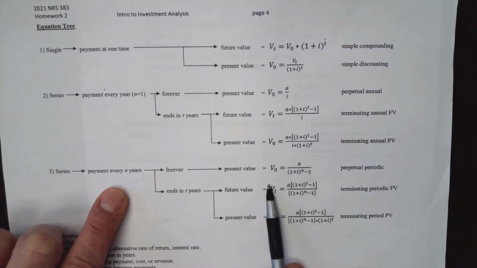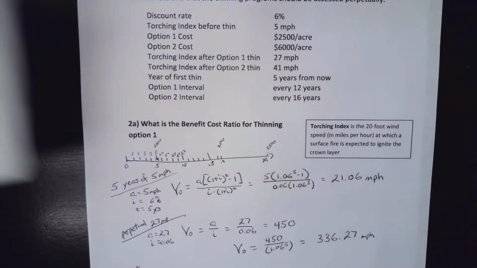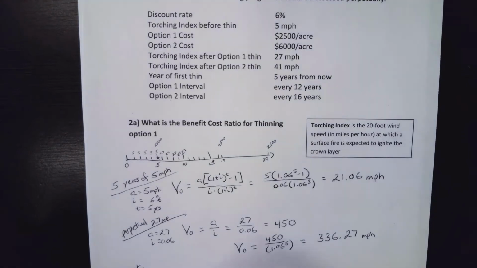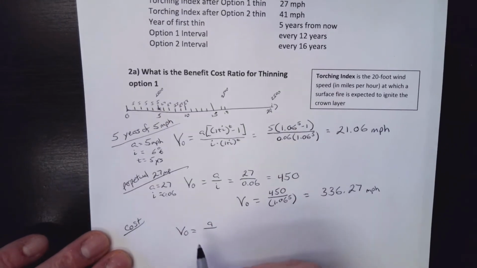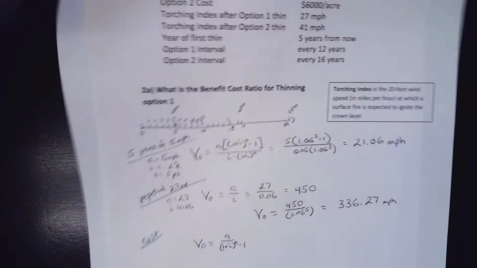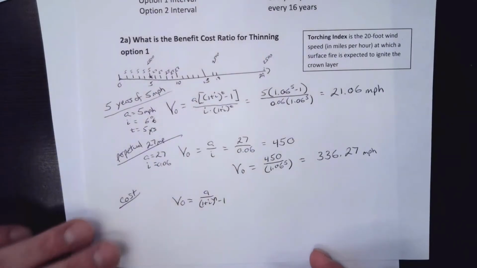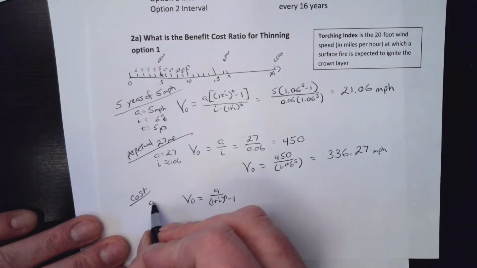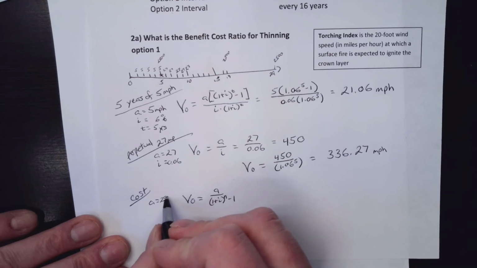So it's the equation we spent a lot of homework on, which is the perpetual periodic. So we have VO equals A over 1 plus I to the n minus 1. So with that, we can go ahead and say our A is going to be 2,500.